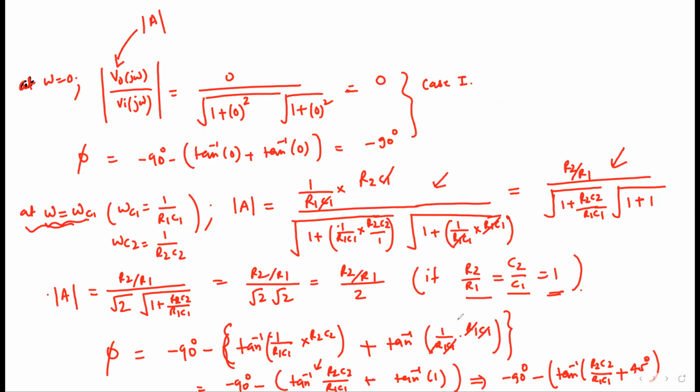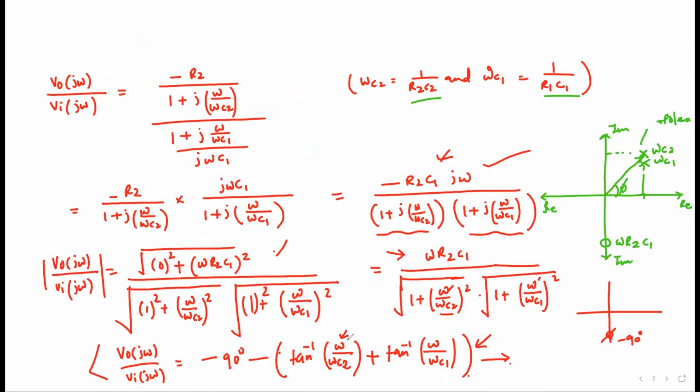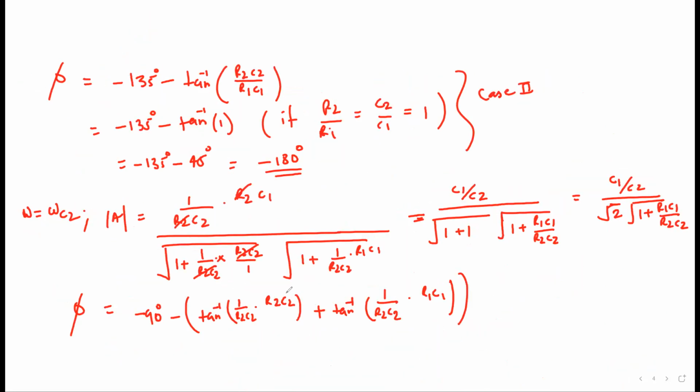So that's the expression for the phase we have obtained here. We put the value of omega C2 first and then omega C2 here. We see that these two terms get cancelled. The expression that we have is minus 90 degrees minus tan inverse of 1 plus tan inverse of R1C1 divided by R2C2.